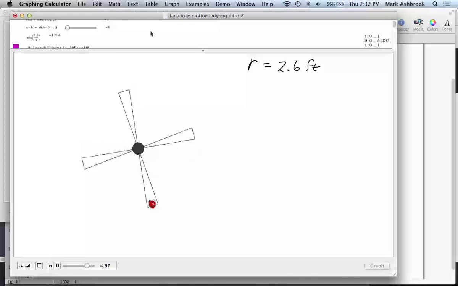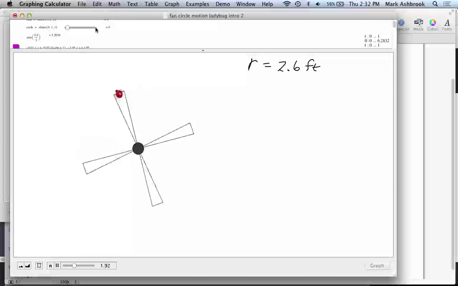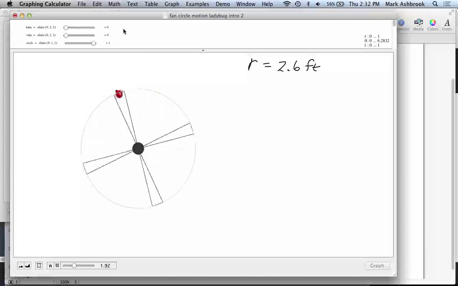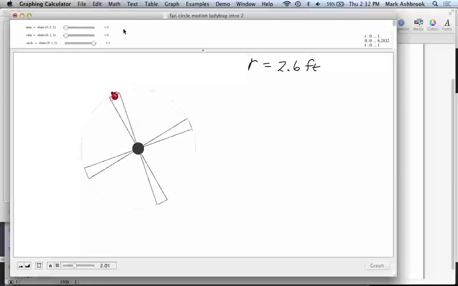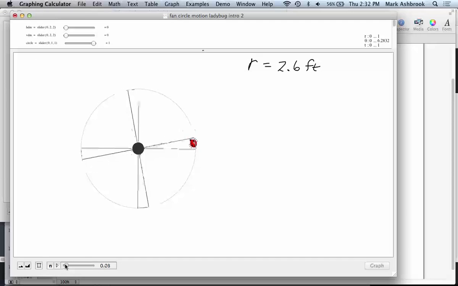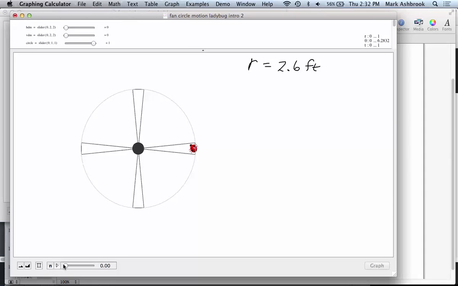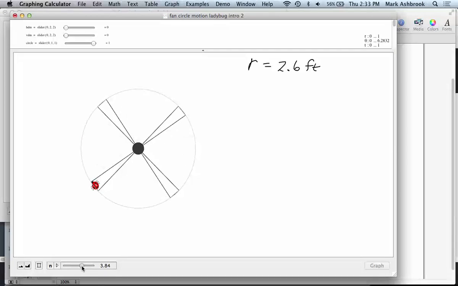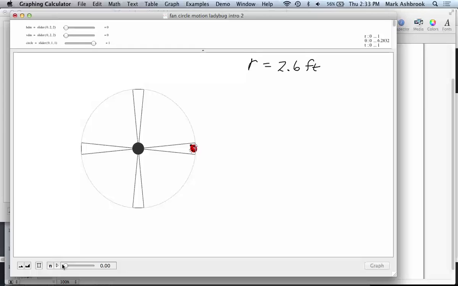It's easy. That's a circle, right? As long as the bug stays in the same point on the fan blade, it will travel in a circle. So the radius is 2.6 feet. For these questions, the bug will start at the 3 o'clock position, and the fan will turn counterclockwise. You're answering different questions about the radians and the arc length traveled by the bug as it sweeps around the arc counterclockwise.